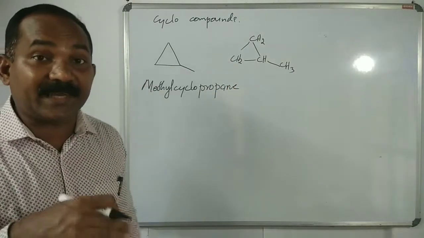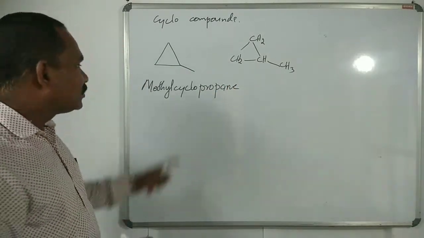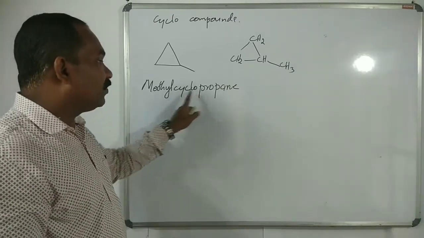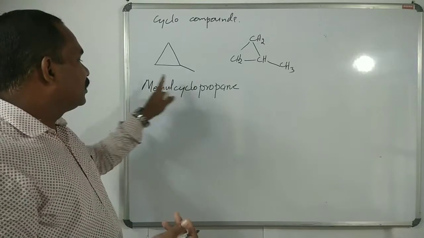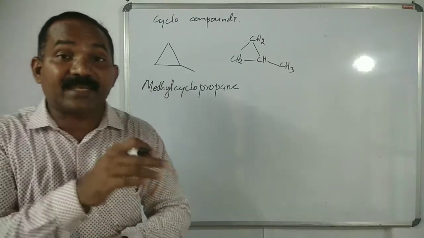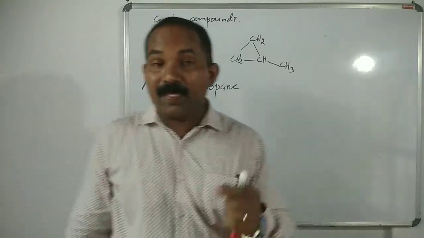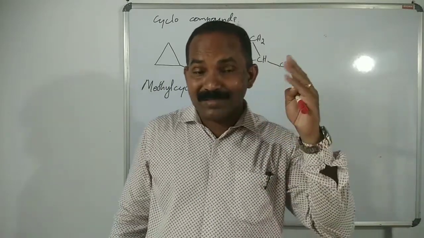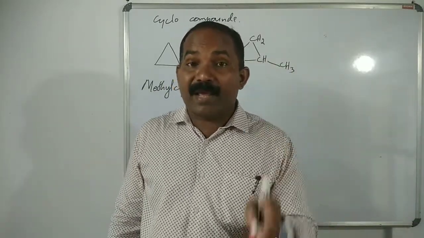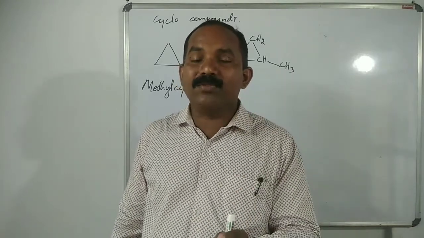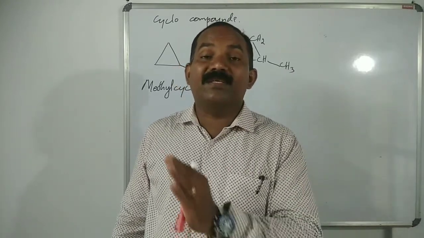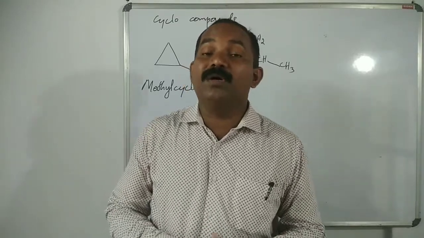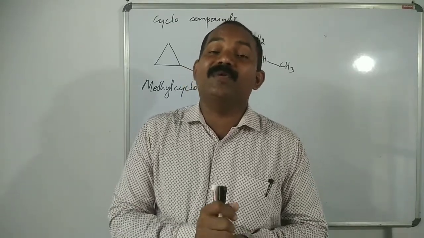Substituents are secondary prefixes. Cyclo is a primary prefix. Cyclo is just before the word root. Then substituents are secondary prefixes. You remember the formula for a compound: secondary prefix, primary prefix, word root, primary suffix, secondary suffix. The formula was given to you in the previous section.